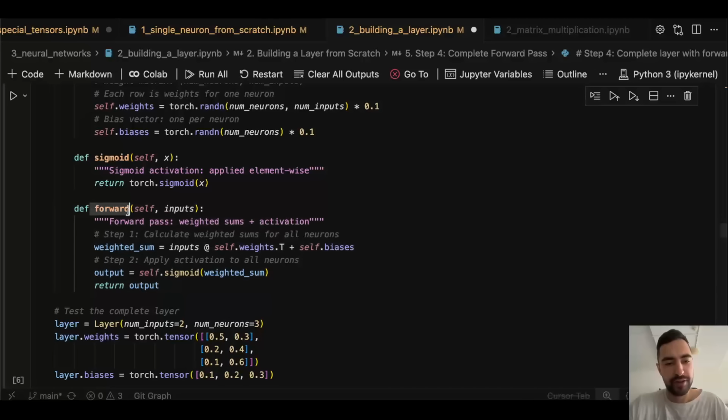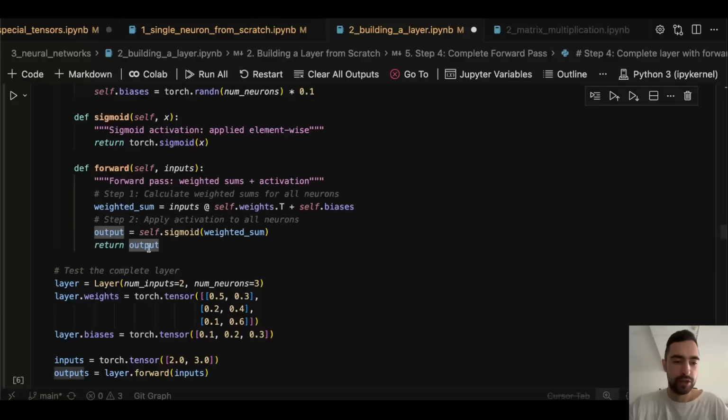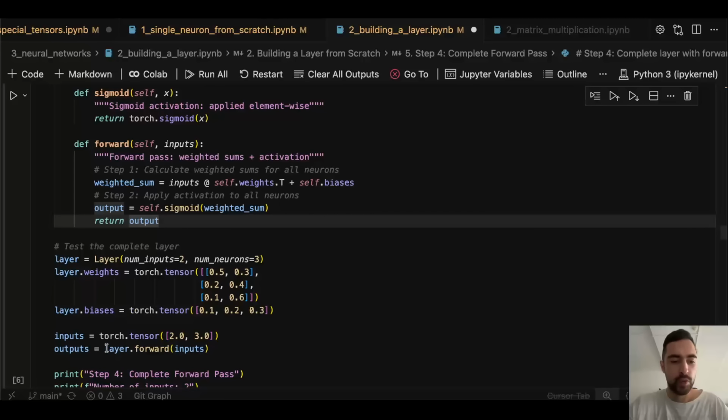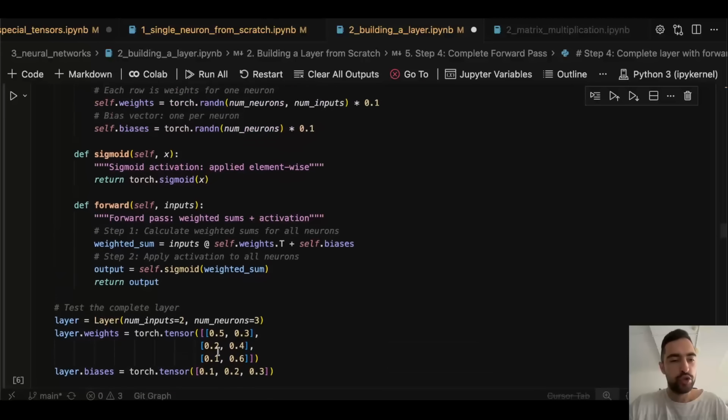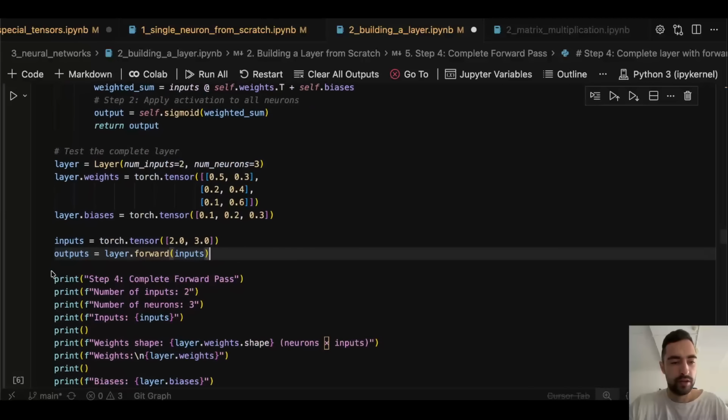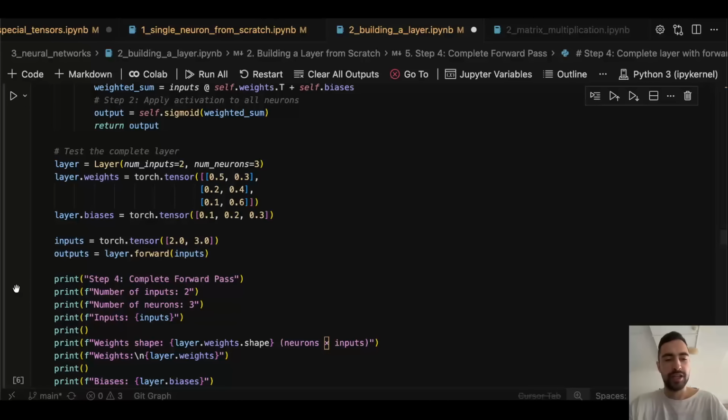So in the forward function, we first do inputs times weights plus biases, and then pass the result through sigmoid activation, and then that's the output. Those are the neurons that we get. And so we can say output is equal to layer.forward and pass in inputs. This is how you would usually do it in neural networks, large language models, reinforcement learning, everywhere.